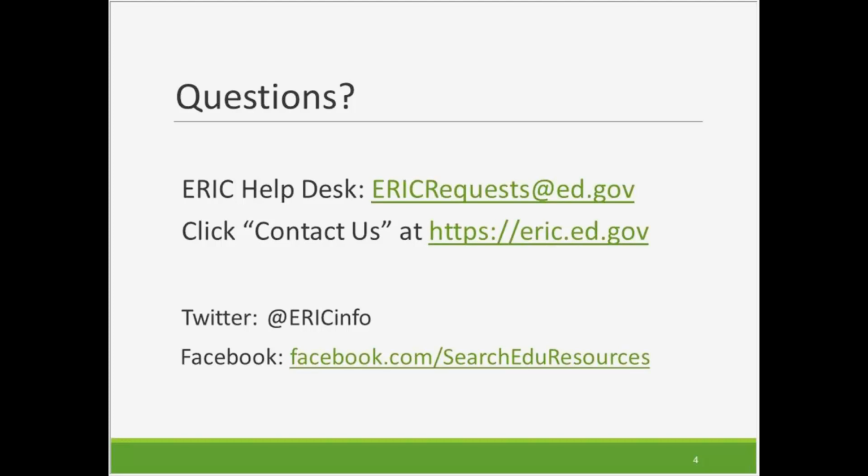Next question. I was wondering if ERIC has run into predatory journals getting indexed in ERIC and how ERIC is dealing with that. I would encourage you to check out our selection policy, which you can find in the footer of the ERIC record or on any ERIC search.